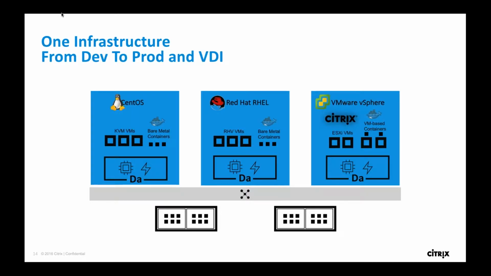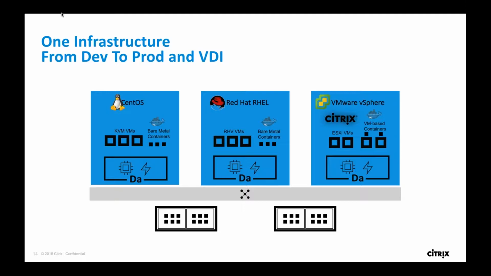Here is just an example of multiple different solutions working in tandem on the same Datrium infrastructure. You see here, of course, CentOS with KVM and native bare metal containers. You see Red Hat RHV virtualization, and then you see VMware vSphere running with Citrix and VDI VMs.